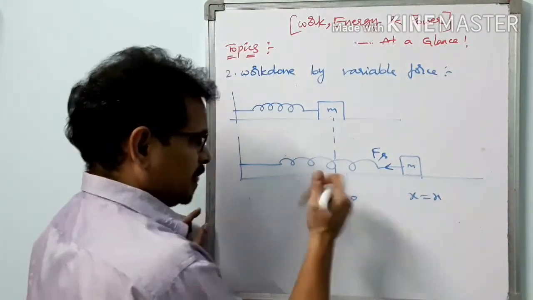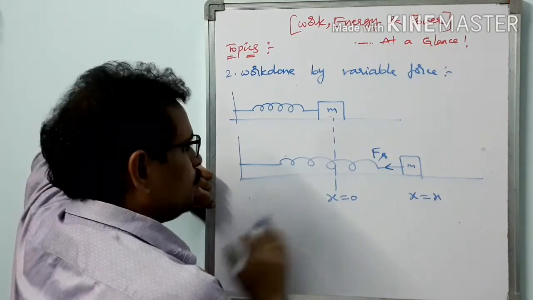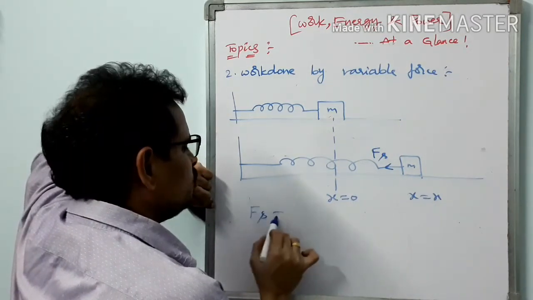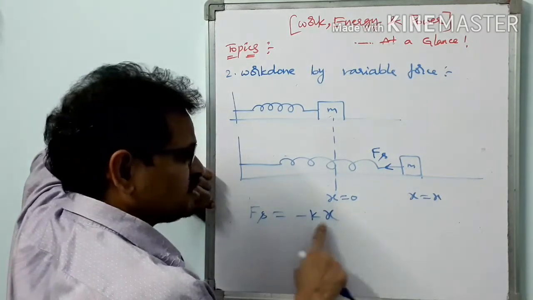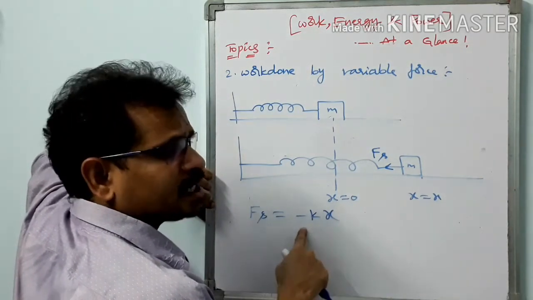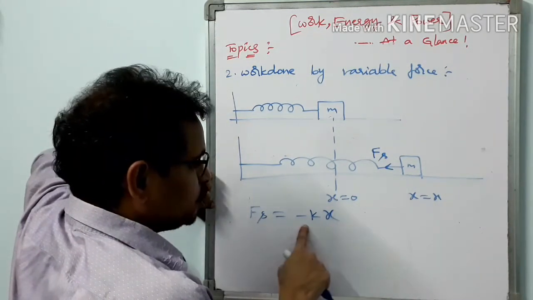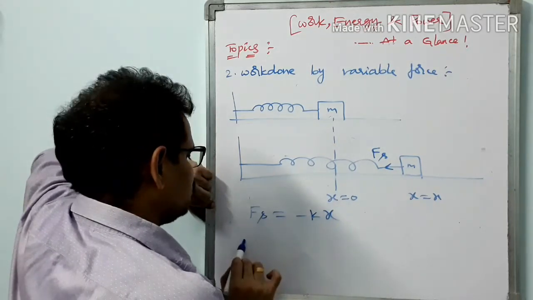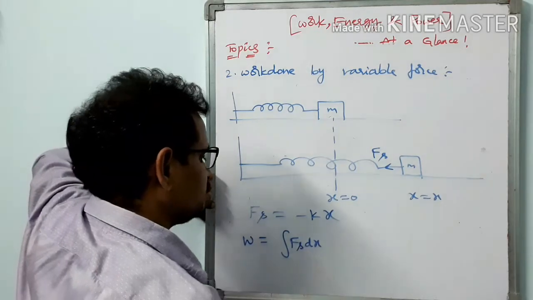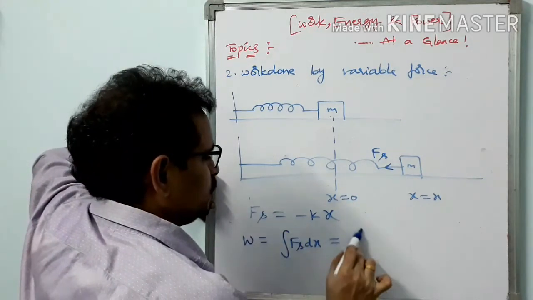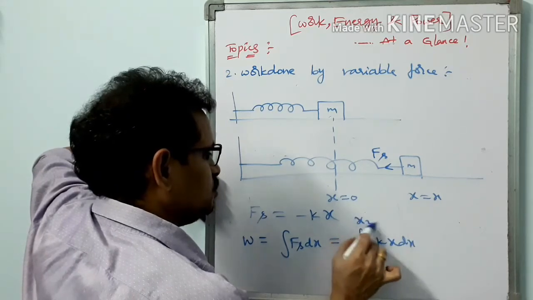So what is the work done here? So W, what is the spring force? Fs equal to how much? Minus Kx. Fs is directly proportional to displacement, but its direction is opposite to displacement or opposite to change in length. Therefore, Fs equal to minus Kx here. So what is work done? W equal to integral Fs dx, that is equal to integral of minus Kx dx, from x1 to x2.